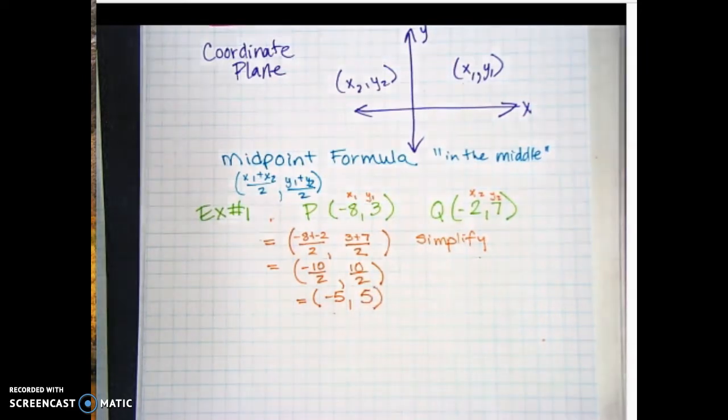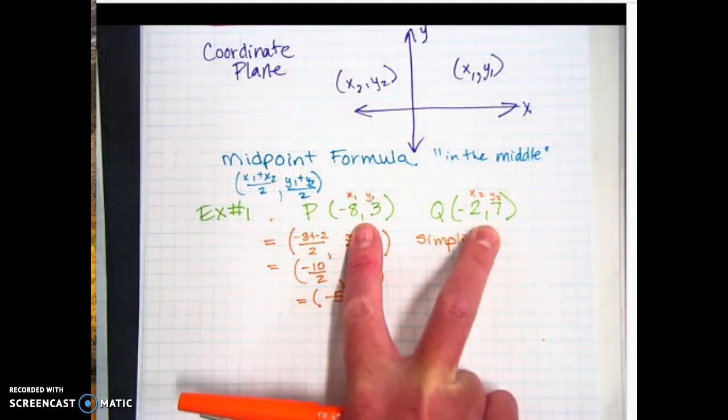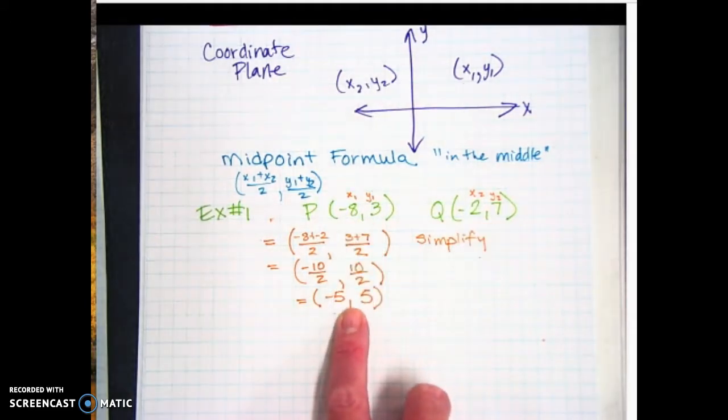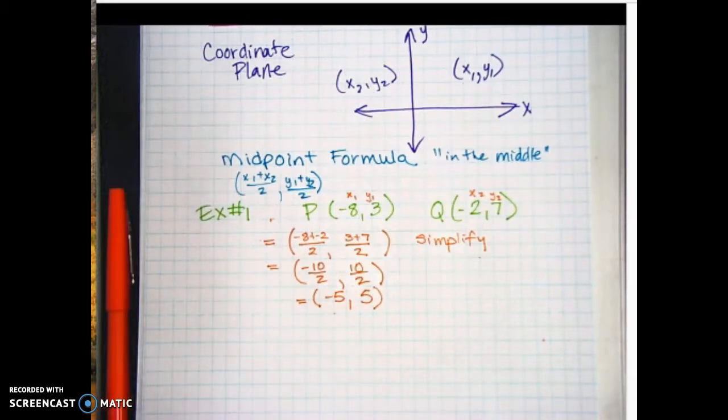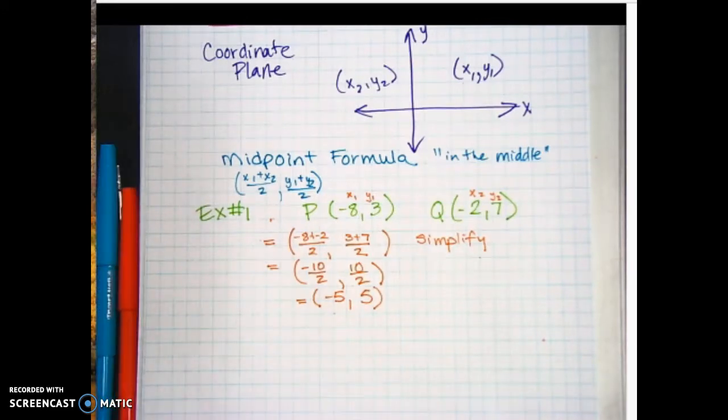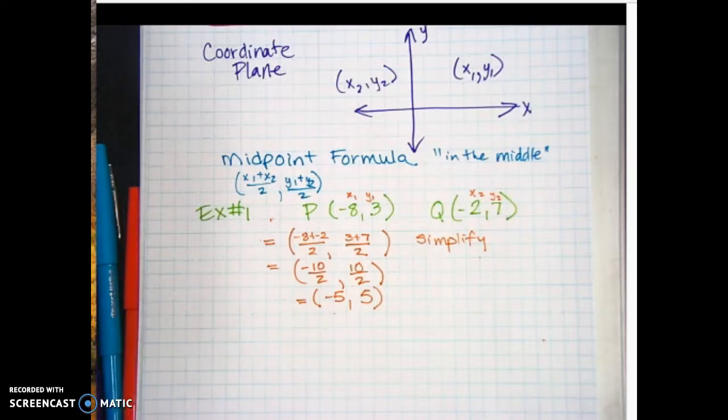So the midpoint, or the point in the middle of those 2 points, is at -5, +5. And that's how you use the midpoint formula.